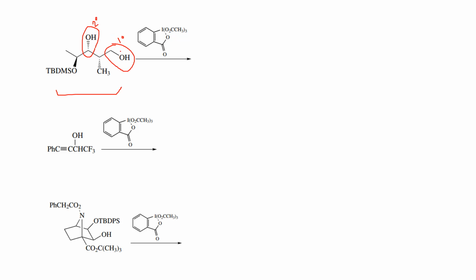So which will react? Whenever it is not mentioned as excess, if it is not mentioned in a bracket that the Dess-Martin has been added in excess, you will always consider that one equivalent has been added.